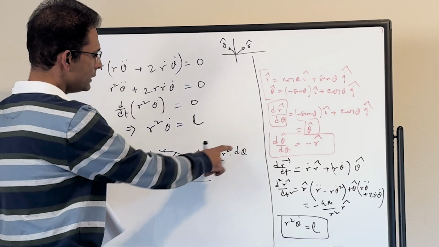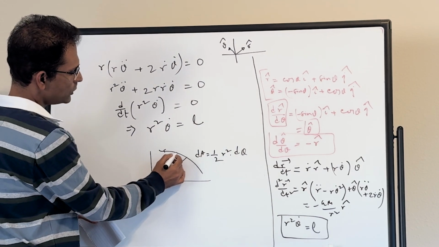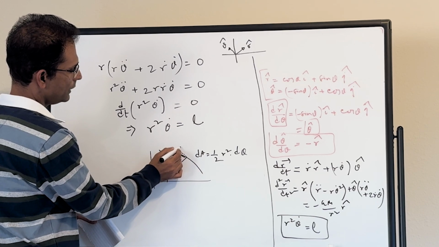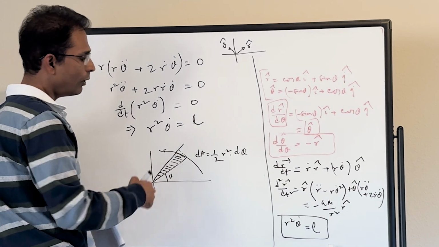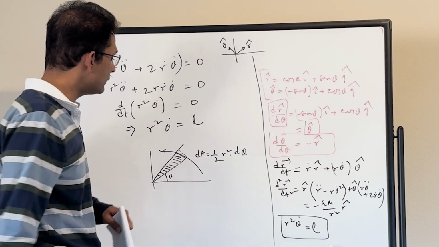Where do I get this formula from? You can show it very easily. If you consider this triangle, and you drop a perpendicular like this, and you use the formula half base times height for the area of a triangle, then you can prove this.